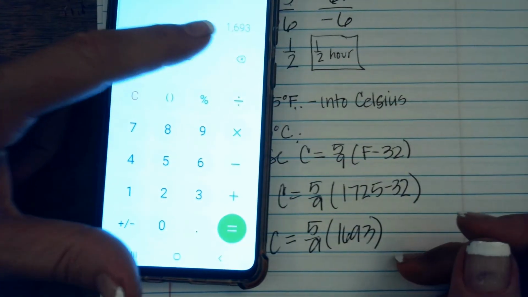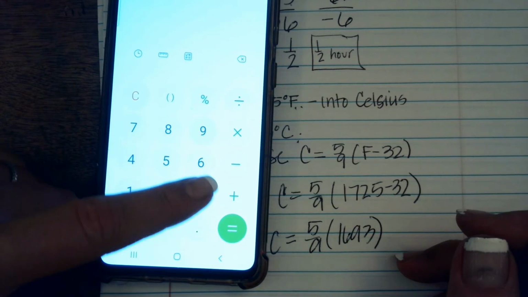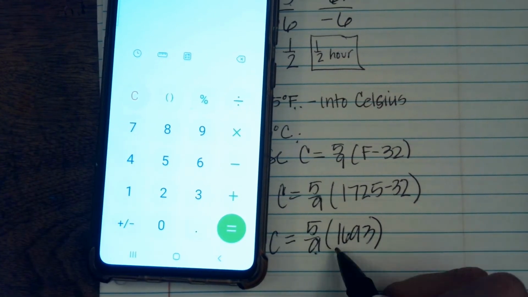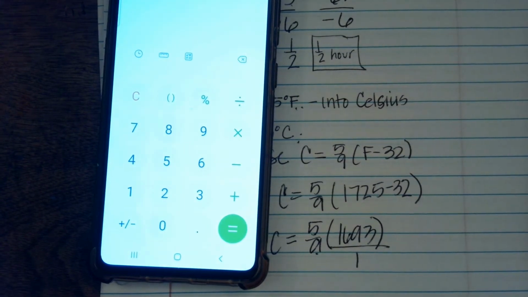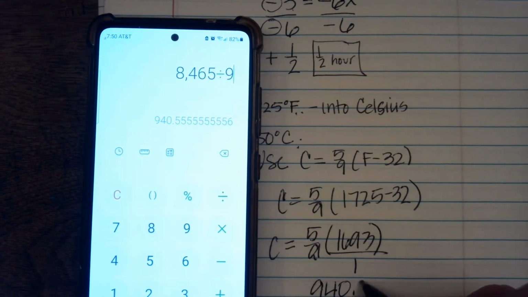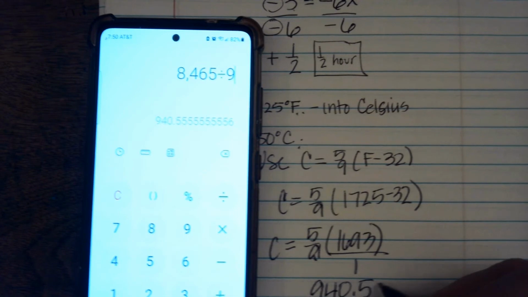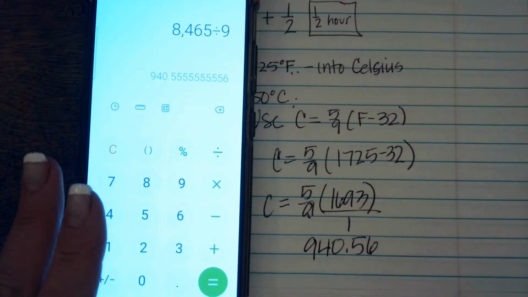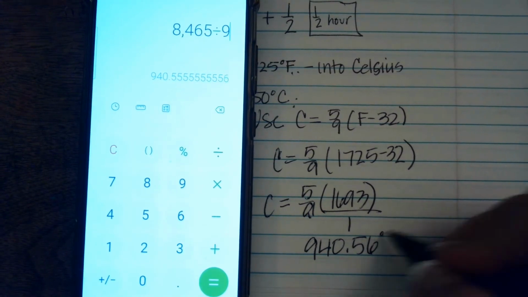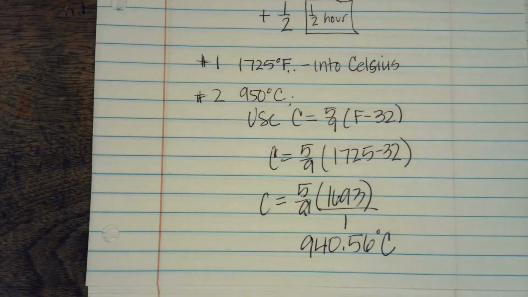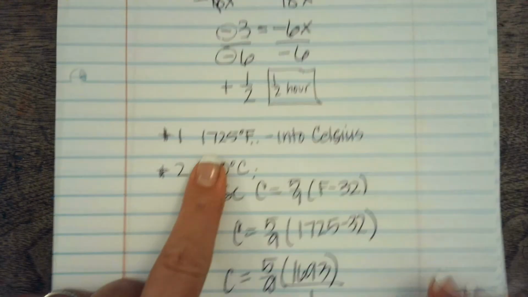Now you take 1693, you multiply it by 5, and then you divide it by 9, right? And you get 940 and then a repeating decimal. So I'm just going to round it off to 940.56 degrees Celsius.